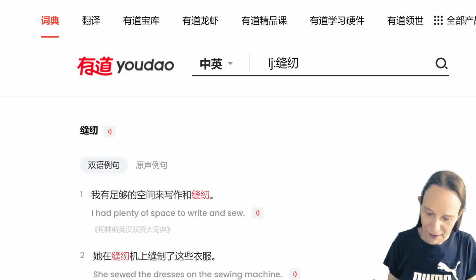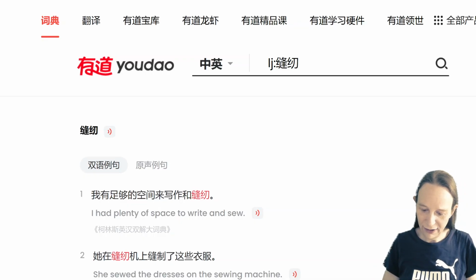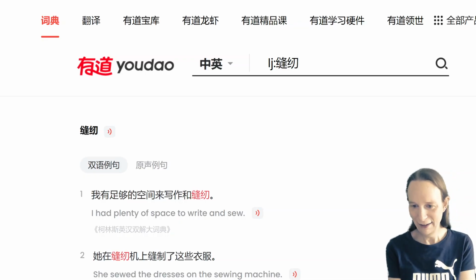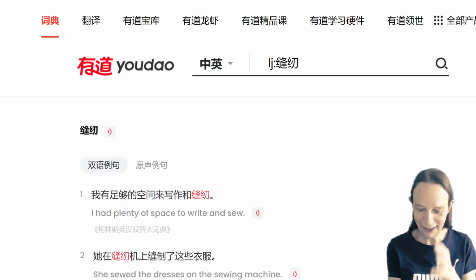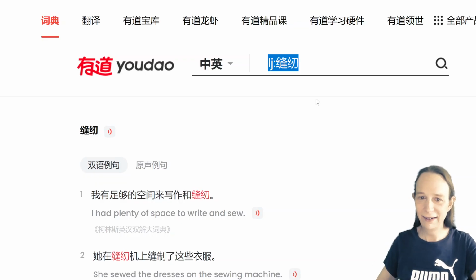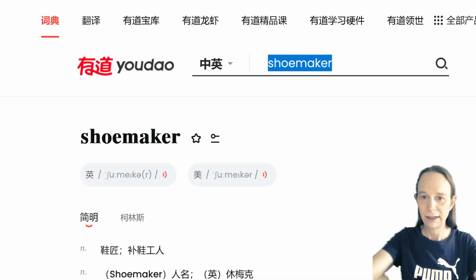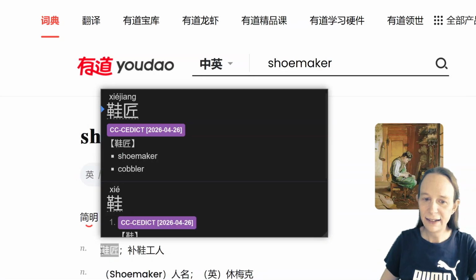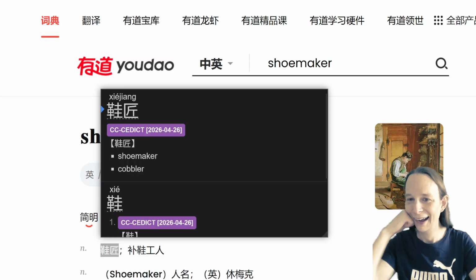缝纫泛指缝制服装、鞋帽等的工作。Okay, so if it includes shoes, the profession of shoemaking in English is cobbler. So what's shoemaker in Chinese? 鞋匠? Oh yeah, it's cobbler.